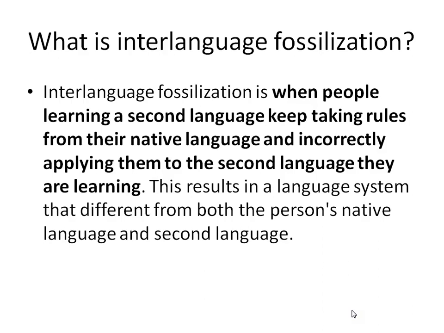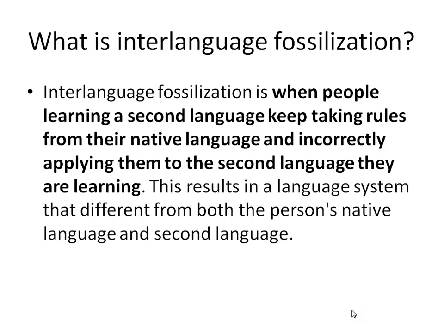One stage is overgeneralization, second stage is transfer, and third stage is fossilization. Overgeneralization is when the language learner gets just a minimum idea or knowledge of language learning, and he or she tries to apply this minimum idea in second language learning, and that is called overgeneralization.